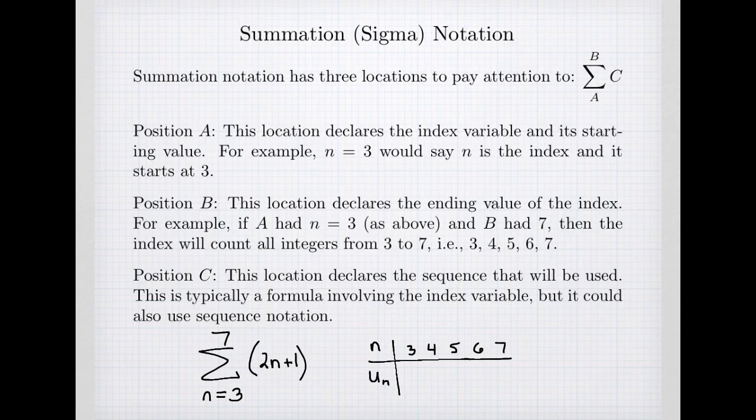And I'm going to use my formula where I do 2n plus 1. So 2 times 3 is 6 plus 1 is 7. 2 times 4, that's 8 plus 1, is 9. So what we can see is I'm counting by 2. So I'll get 11, 13, and 15.